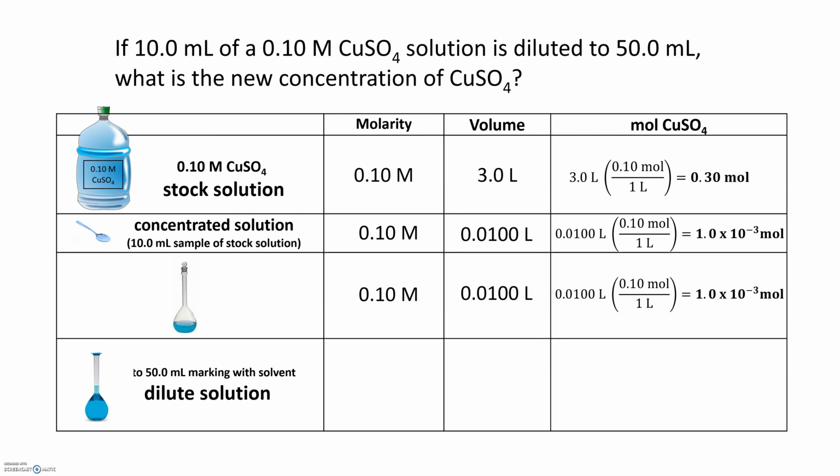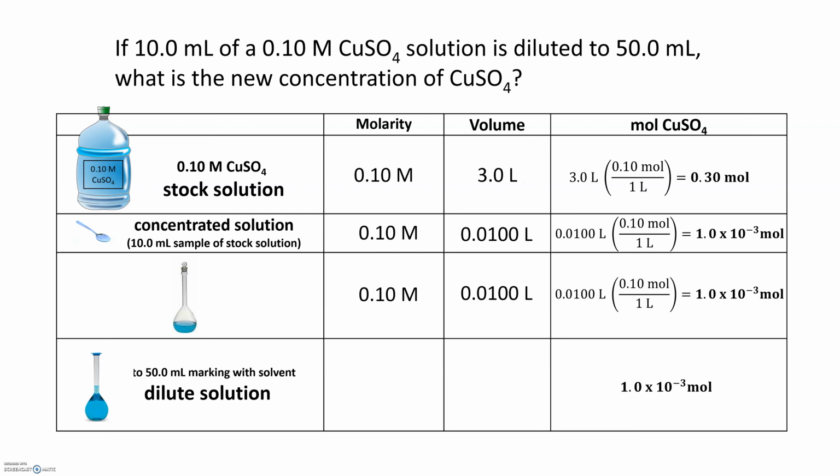The last step, we're going to actually do something to our solution. We're going to add more solvent, in this case water, up to that volume mark on our 50 milliliter flask there. So we're going to add some more solvent and then, of course, mix. But what hasn't changed? The number of moles of solute. We have not added any more copper sulfate to this.